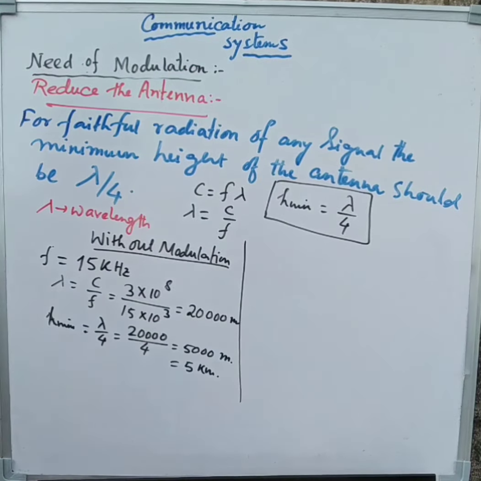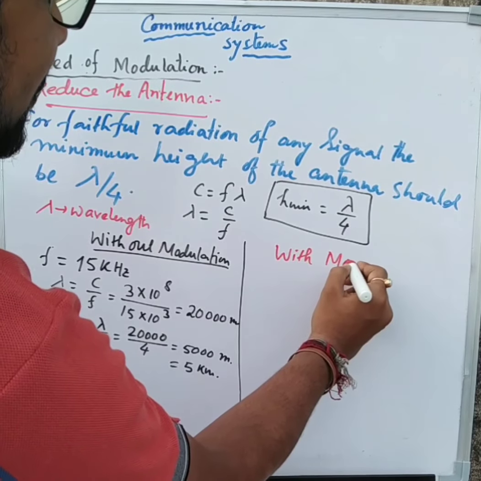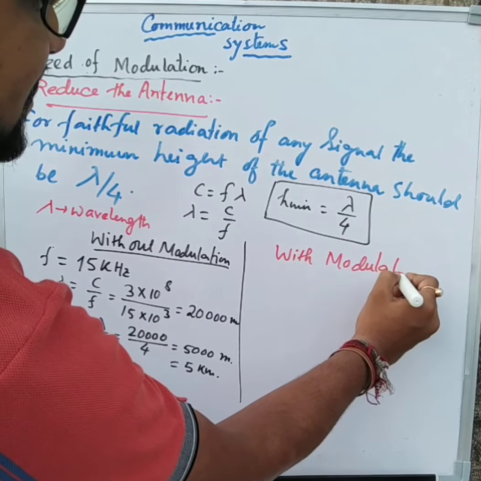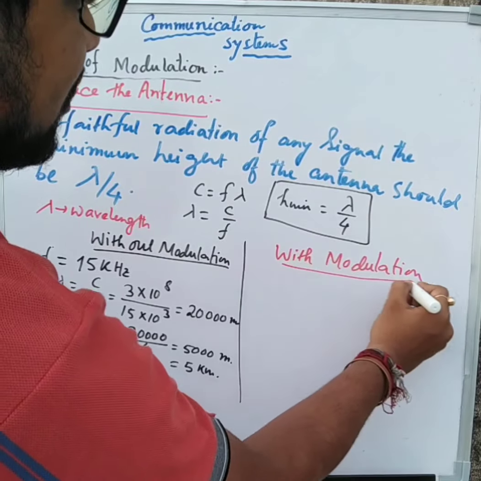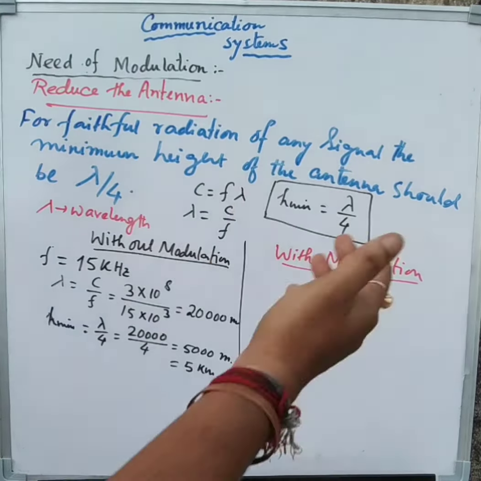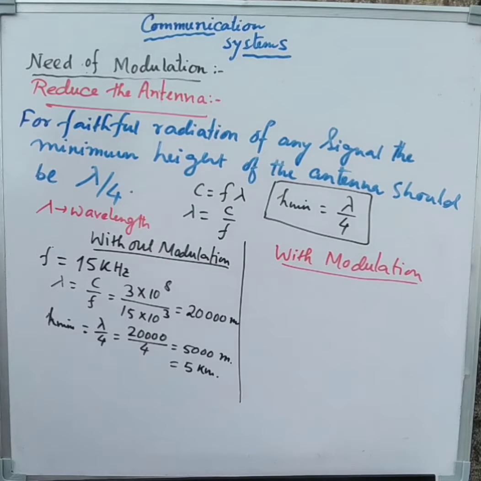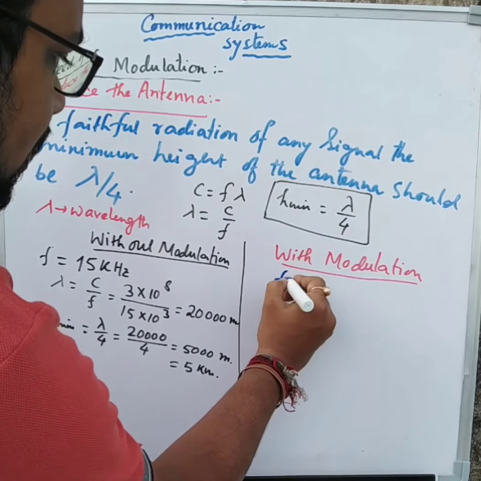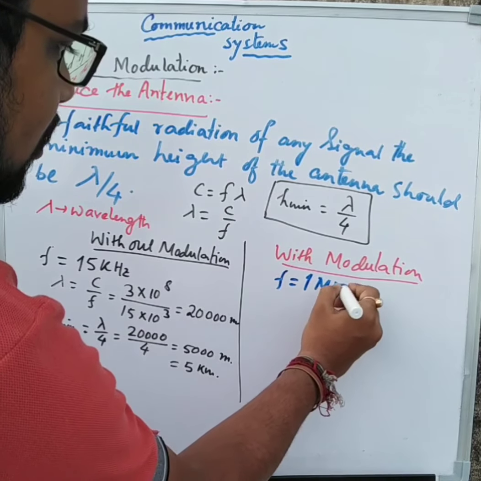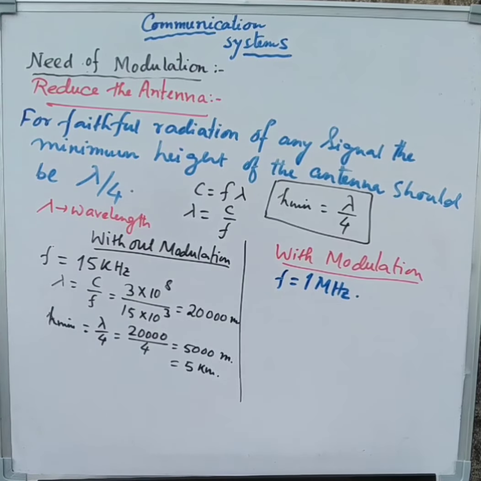Now with modulation, you are using the modulation concept to send a message. With modulation, the frequency has been changed because the original message signal is transmitted with the help of a carrier signal. Let's say the frequency is now 1 megahertz, always higher than the original message signal, right?